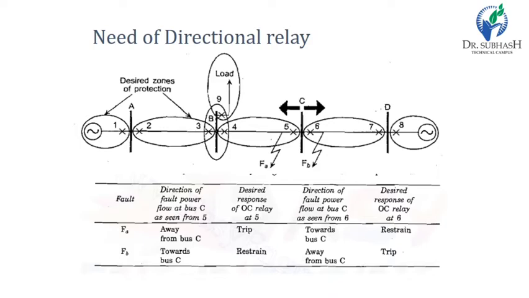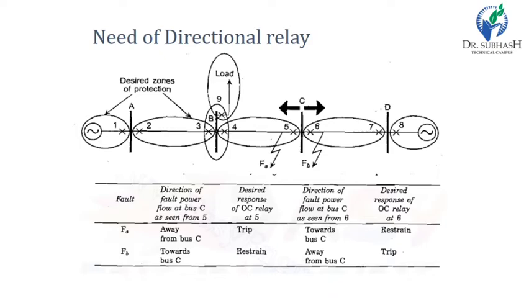The fault current will go away from bus C, so the desired response of the overcurrent relay is trip.